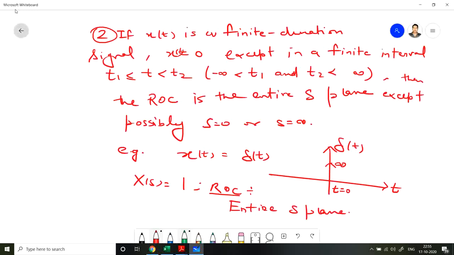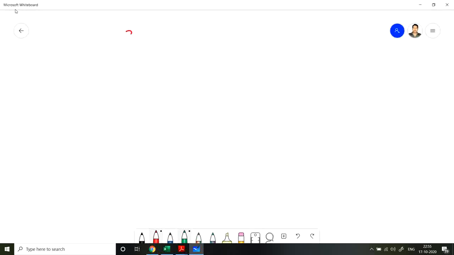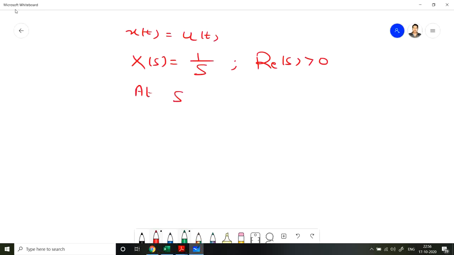Let us take another example. Let us take x(t) equal to u(t). Then the Laplace transform is X(s), and we already know that the Laplace transform is 1 by s, and the real part of s is greater than 0. But if we see the Laplace transform of this signal, then at s equal to 0, X(s) becomes infinity.